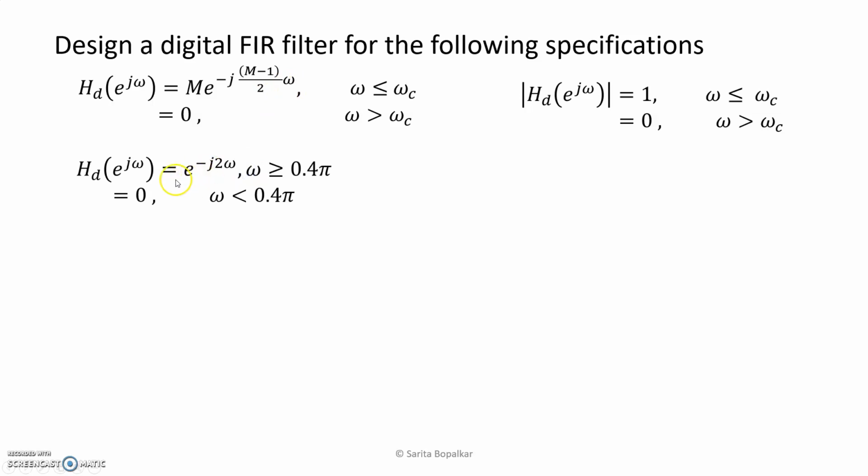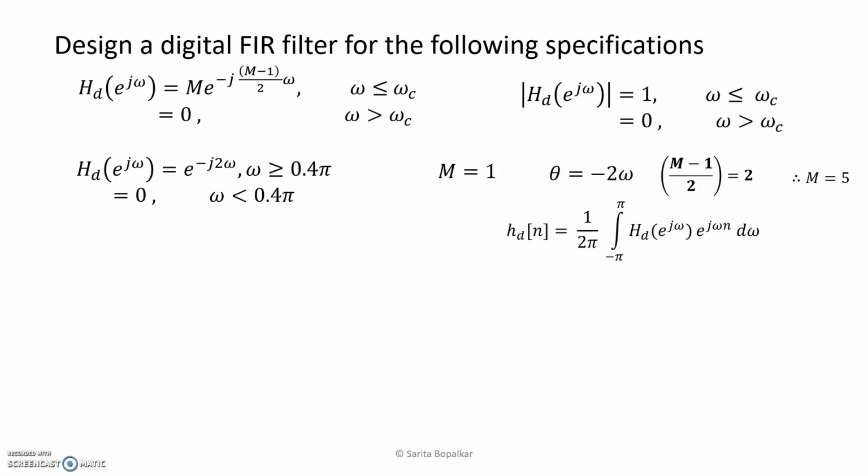For example, HD e raised to j omega has magnitude 1 and e raised to minus j 2 omega, where the magnitude is 1, and minus 2 omega represents the phase. So (m minus 1)/2 is 2. That's why the order of the filter is 5.